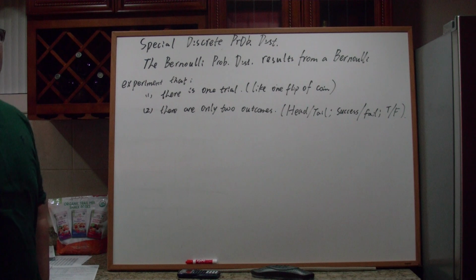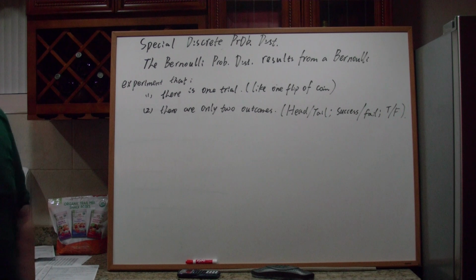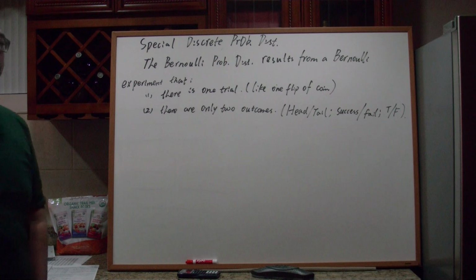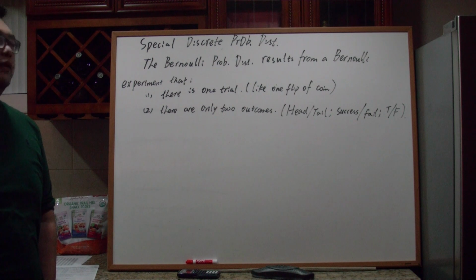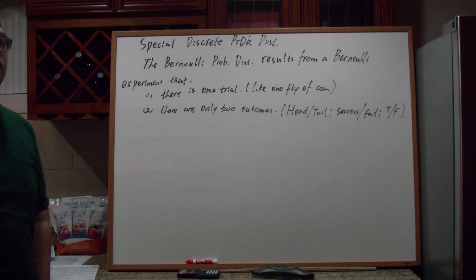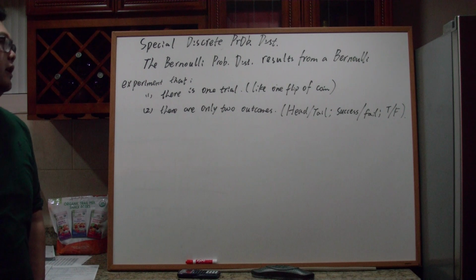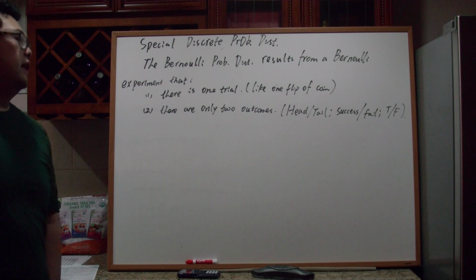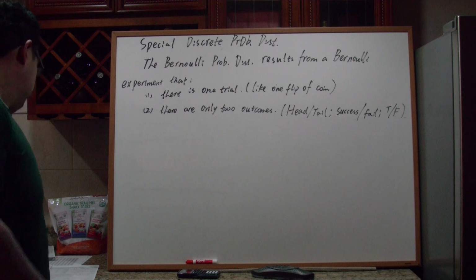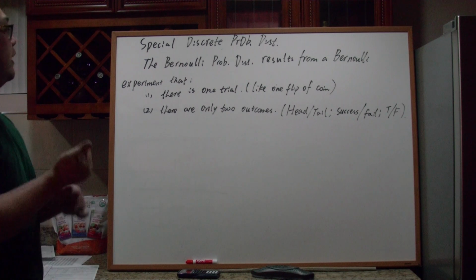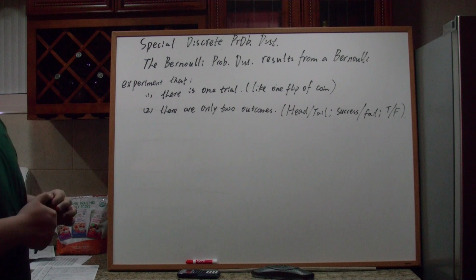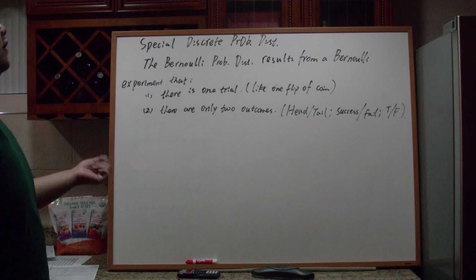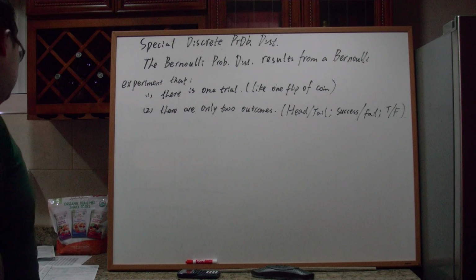It could be head or tail for the coin flip, or success or fail, like the earlier roulette example: if we get the value 7, that's success, and if we get other values, that's fail. True or false could also be the outcomes. But that's only two outcomes. So that is a Bernoulli experiment, and the probability distribution is called the Bernoulli probability distribution.